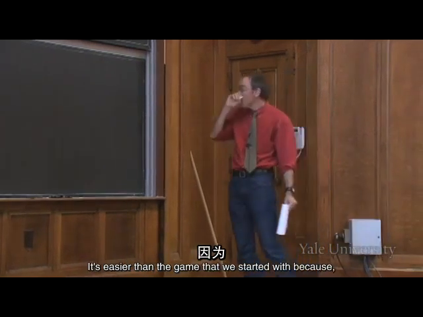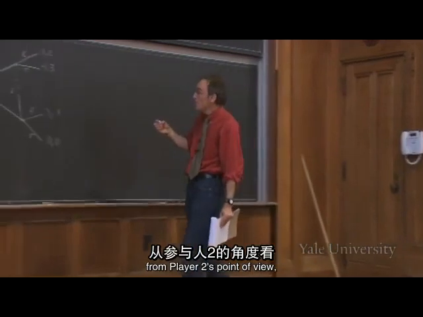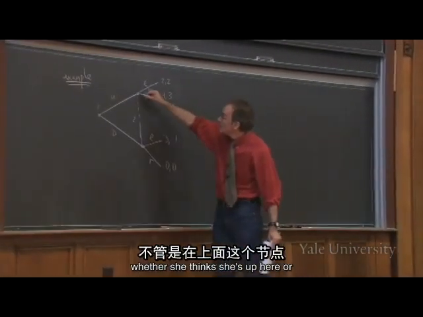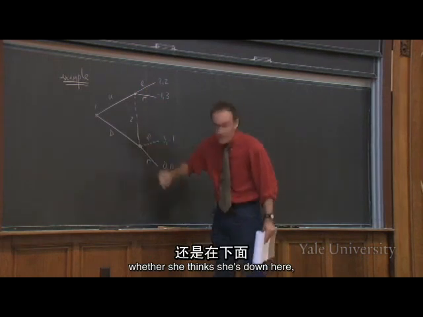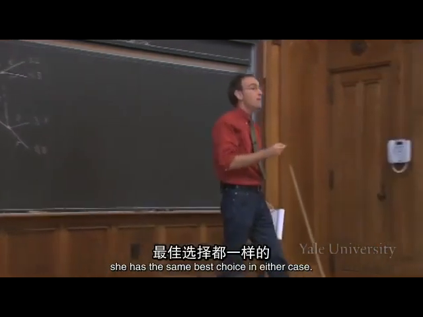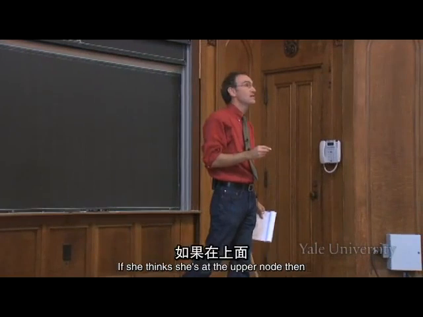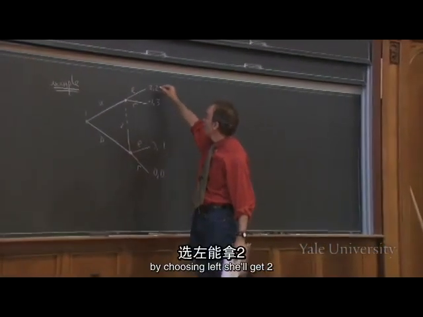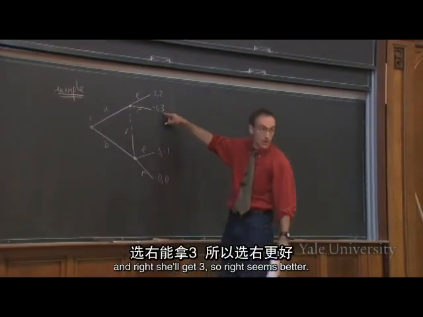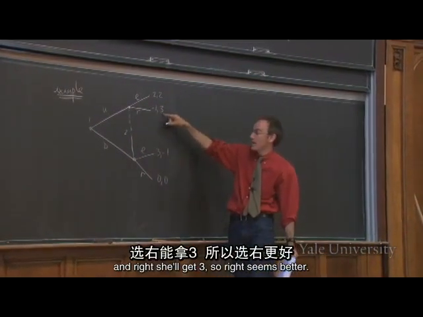It's easier than the game that we started with because, from player 2's point of view, whether she thinks she's up here or whether she thinks she's down here, she has the same best choice in either case. If she thinks she's at the upper node, then by choosing left she'll get 2 and right she'll get 3, so right seems better.